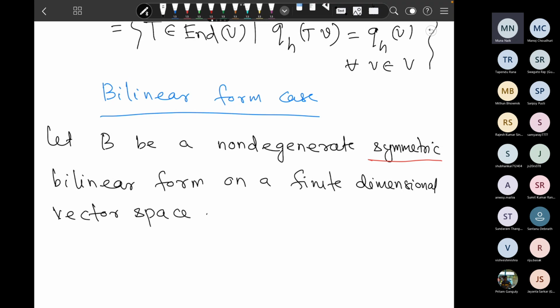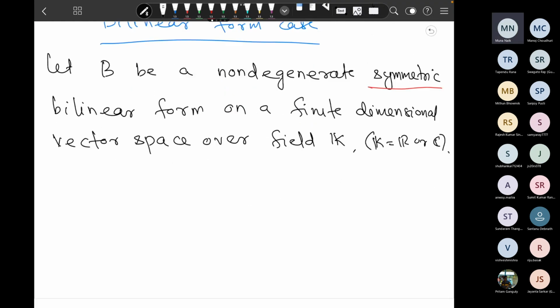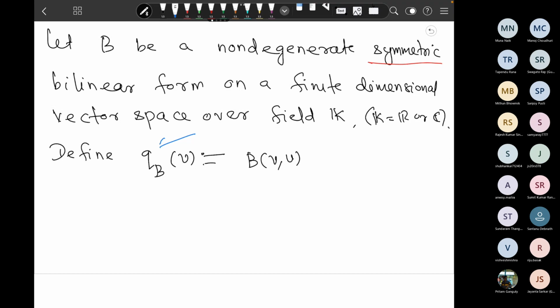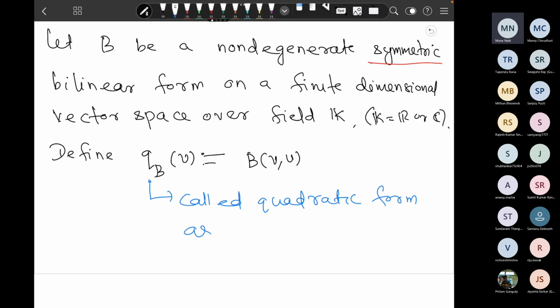Here K is equal to either R or C. So similarly define Q_B of v, which is equal to B of v, v. Okay, this is as usual. This is also called the quadratic form associated to B.